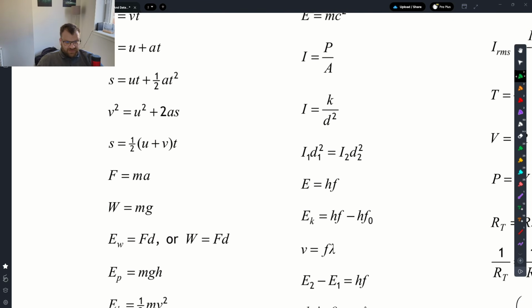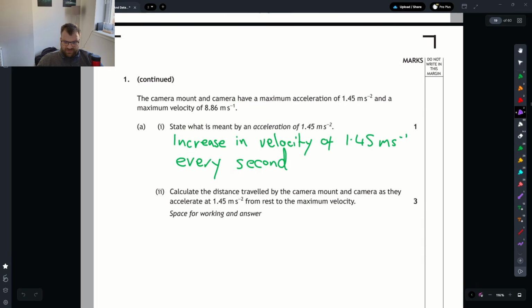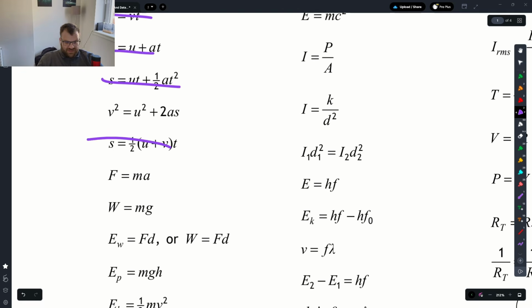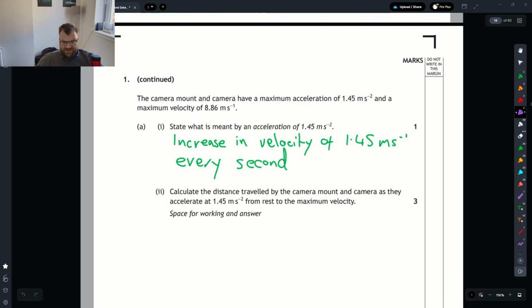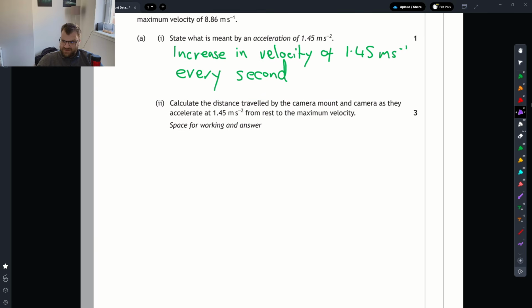So we want an equation with acceleration and distance. We aren't told the time, so those ones are no good to us. Get rid of the time ones. That leaves me with just the one. So final speed squared, initial speed, and then 2 acceleration, and then that'll be our distance S. Let's give it a go.